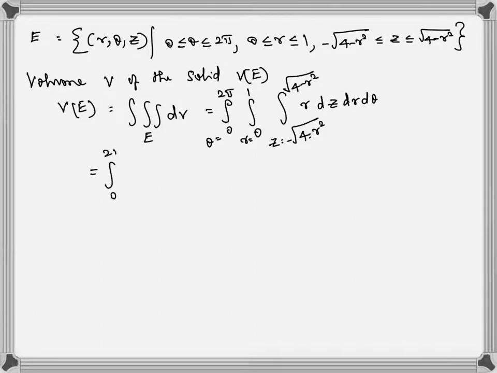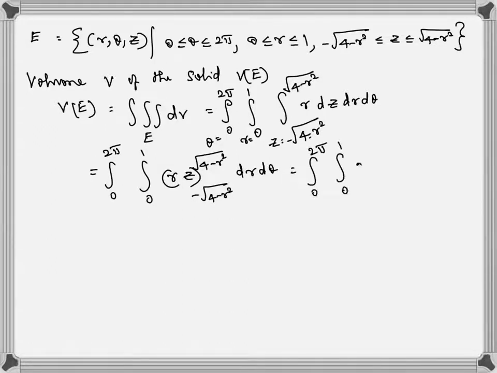So it is integral 0 to 2 pi, integral 0 to 1, then r z, when you integrate with respect to z and apply the lower and upper limits, we get integral 0 to 2 pi, integral 0 to 1, 2r square root of 4 minus r squared dr d theta.